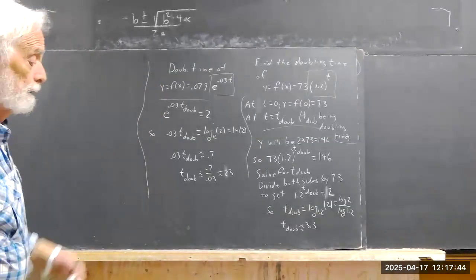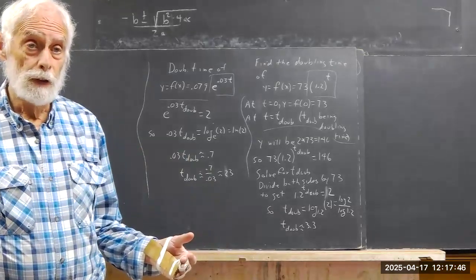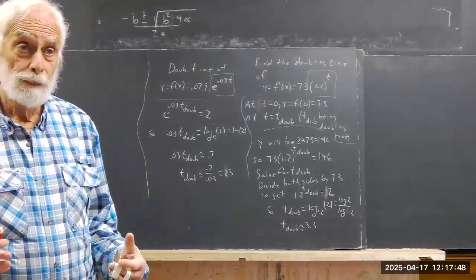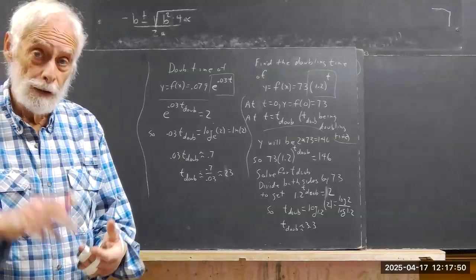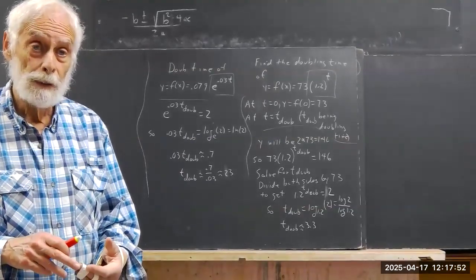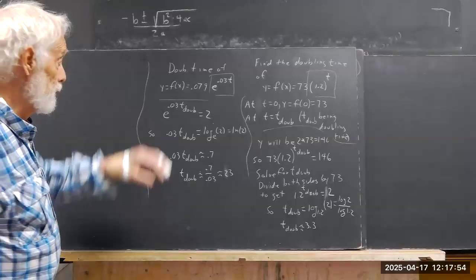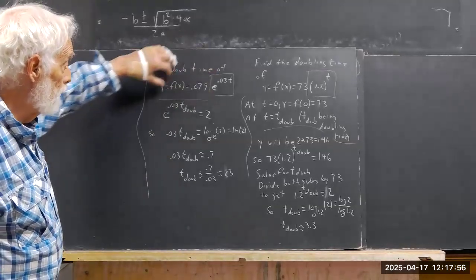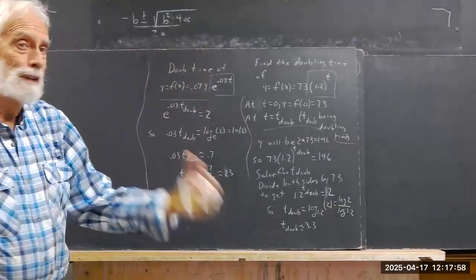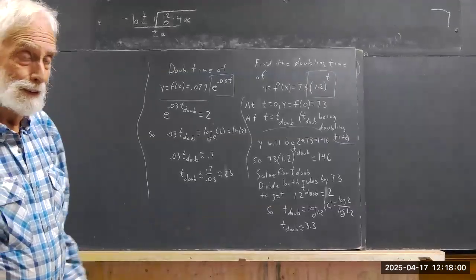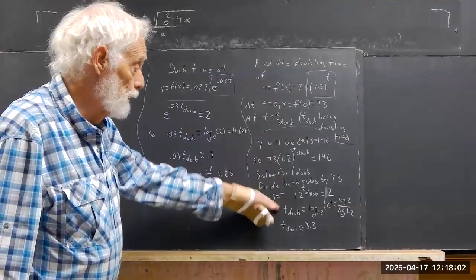So at this point, we've seen how to get the exponential function for given 2 points, how to find doubling time. Just set the changing part of the thing equal to 2. That does it. And make sure you understand what it means.